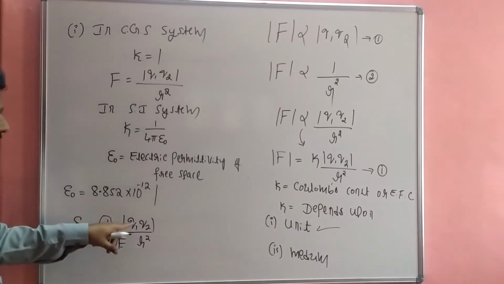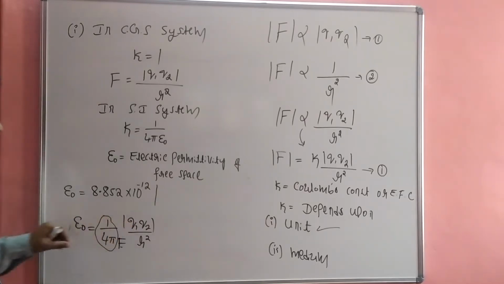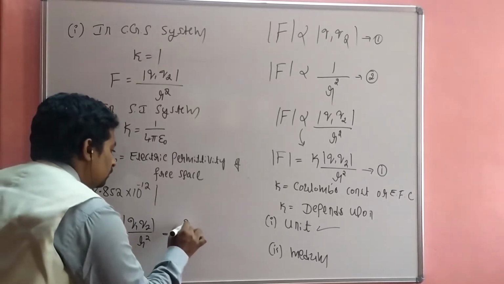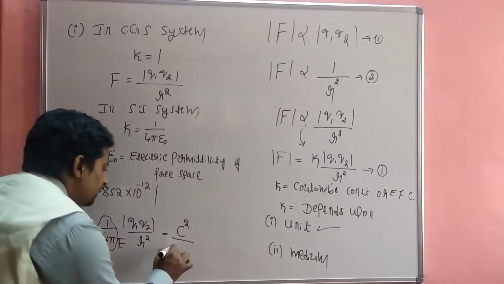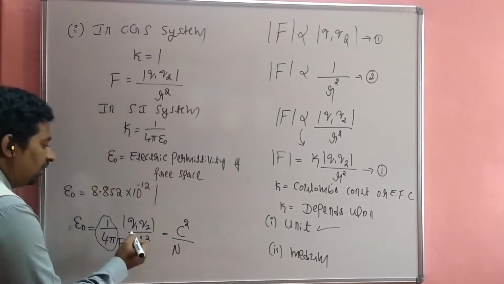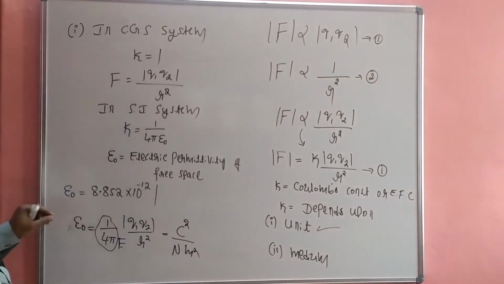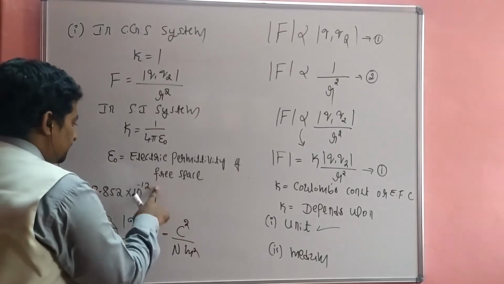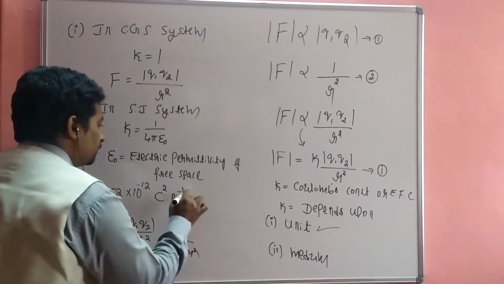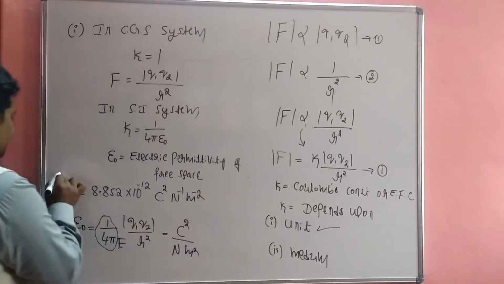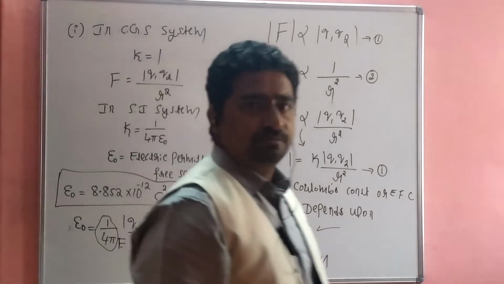The SI unit of electric charge is Coulomb, so Coulomb square divided by F, which is Newton, then r square, which is meter square. The unit of electric permittivity of free space is Coulomb square per Newton per meter square. This is the unit of epsilon naught.